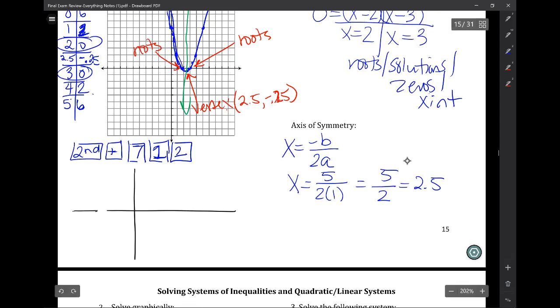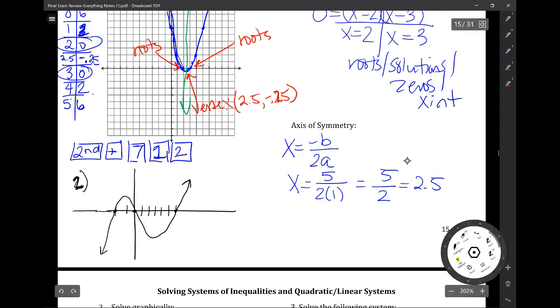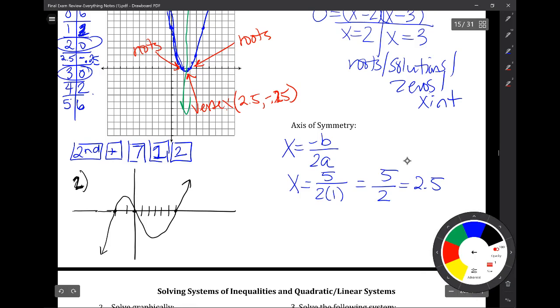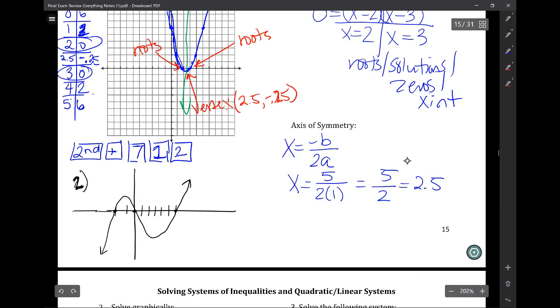And on this picture, if you guys could draw the sketch of a cubic function. Okay, and what we want to determine on this is the possible equation for this cubic. You will have to do that on your homework. That's why I want to practice it here.